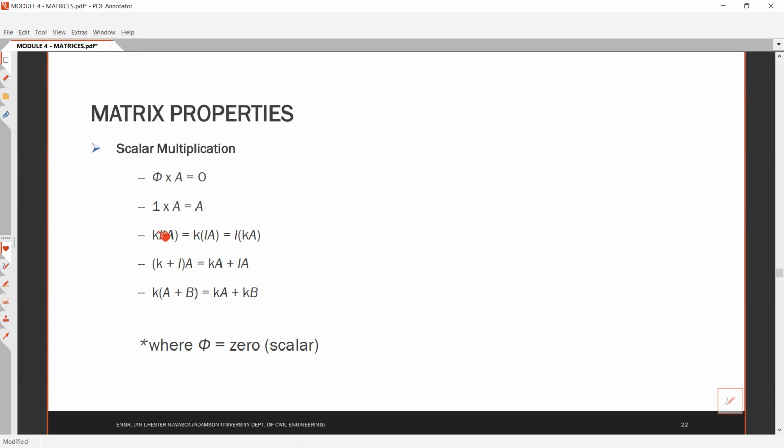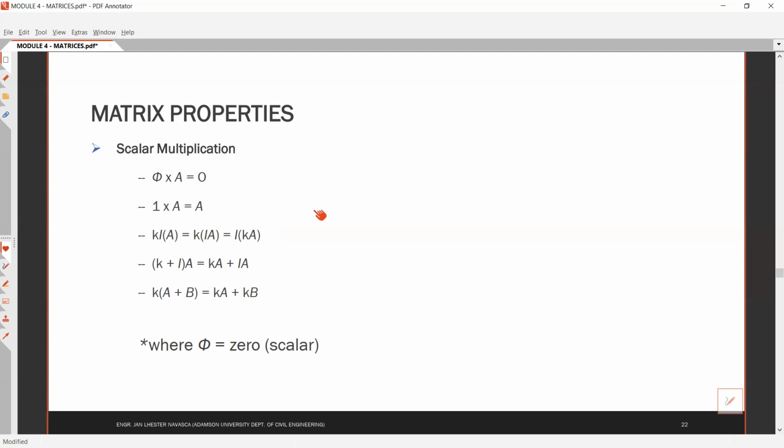Yung K, any values of K multiplied by identity matrix multiplied by the matrix is equals to this one. Siyempre, K absolute property, open parenthesis IA is equals to I open parenthesis KA. Okay? So yung scalar multiplication.